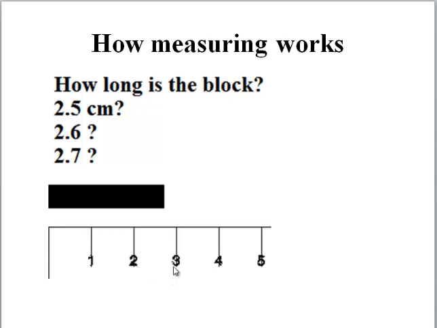In other words, these numbers are in the ones place, so the estimation should be to the tenths place. So one student might estimate 2.5 centimeters, for example. The next student might estimate 2.6, and another might estimate 2.7.